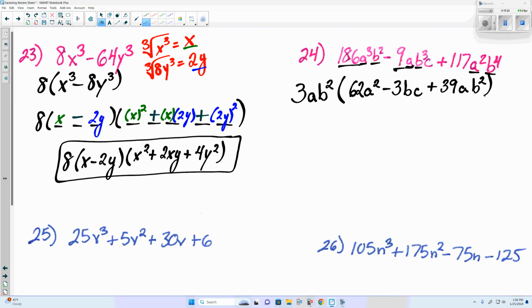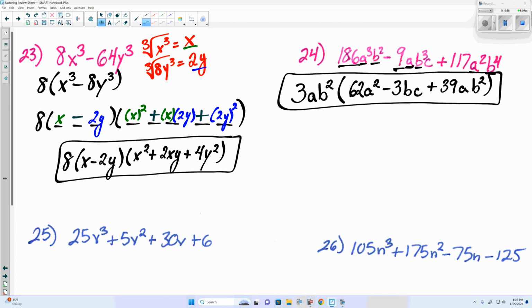Now, looking at this here, we could see if it's possible to factor this. But one of the reasons that this is not factorable at this point is mainly because we have a C term in the middle. There's too many variables inside our set of parentheses for this to factor.